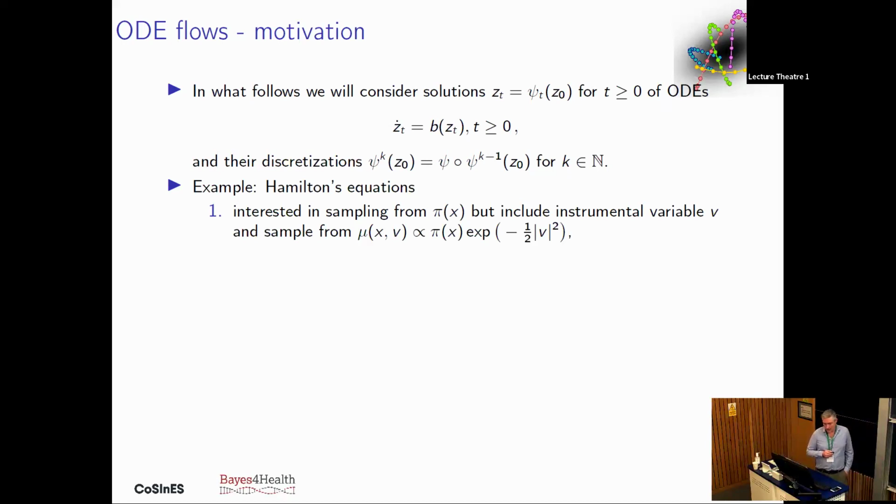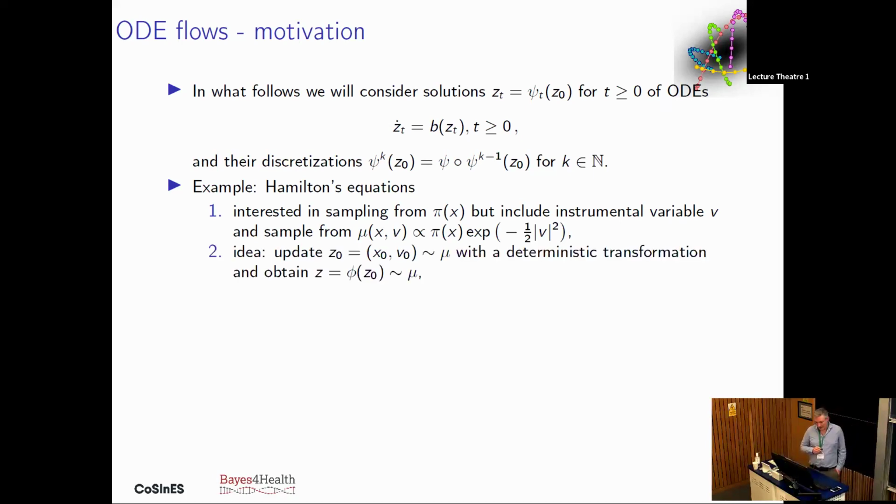So, in this scenario, we are interested in sampling from pi of x. But we extend the space we are sampling from by introducing a so-called velocity or momentum, V, and I call the pair (X, V) Z. The motivation for HMC is to ask: can I define a mapping such that if I give you a sample from mu, then the mapping phi of Z naught defines another random variable which is also distributed according to mu?